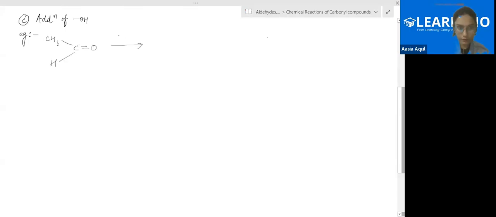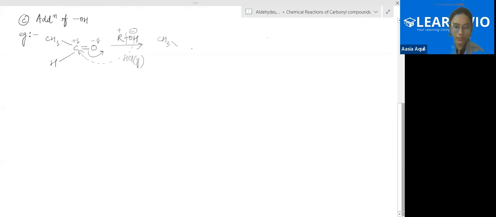When you give ROH to the aldehyde, if the bond breaks, OR will get a negative charge and this H a positive charge. Here also, the carbon is partially positive and the oxygen partially negative. So the OR will attack this carbon center, and this happens in the presence of gaseous HCl.